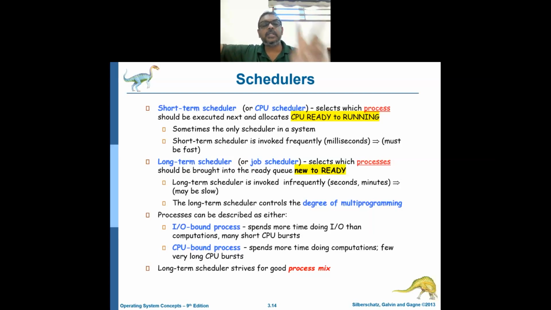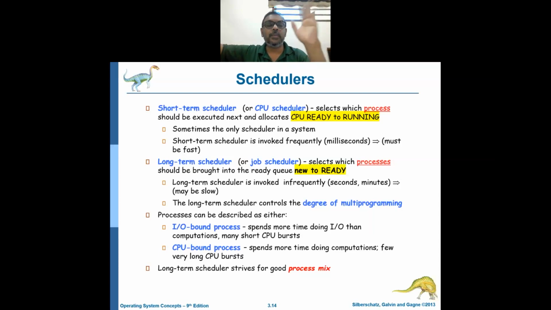And there are two types of process: input-output bound process and CPU bound process. What does this mean? An input-output bound process means that the program or the process is doing more input-output rather than computational.